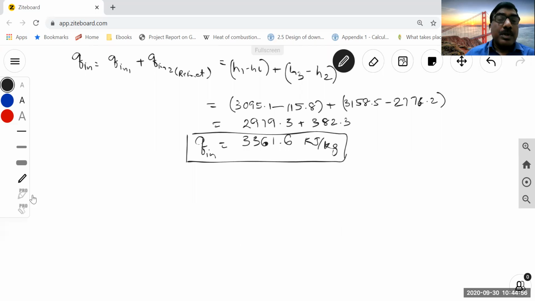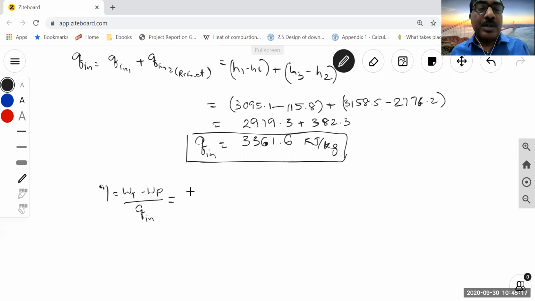Now they are telling that neglect the pump work. Neglect the pump work means we can simply ignore it. What is the efficiency? Efficiency is equal to WT minus WP. This is W net. So if you neglect this one, simply you can take WT by Q in.